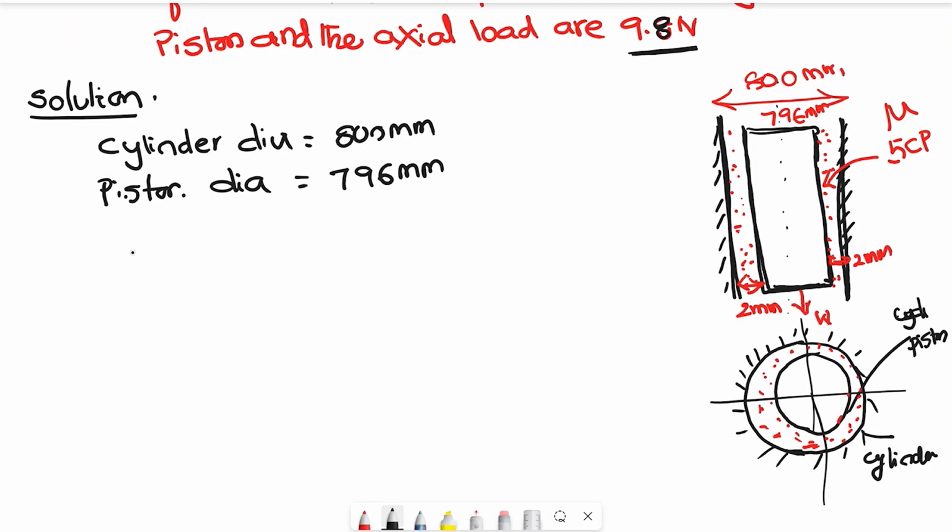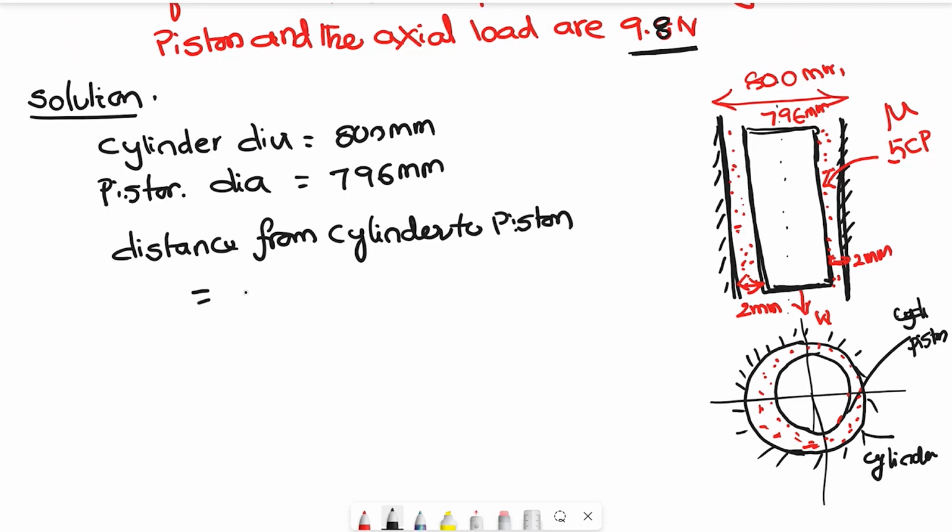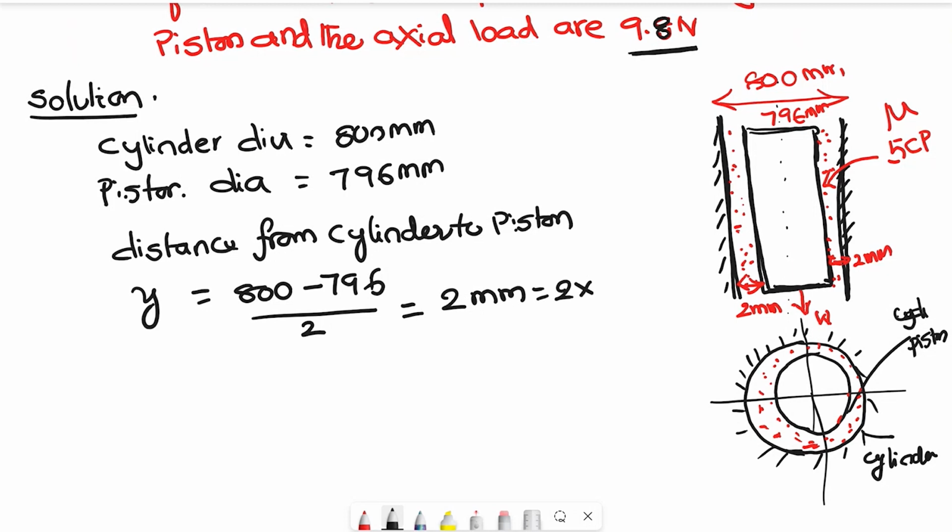What is the distance from cylinder to piston? It is equal to 800 minus 796 by 2, because there are two annular spaces. So that means it is 2 mm, and this is what we call y. It is equal to 2 into 10 to the power of minus 3 meters. This is the first one.